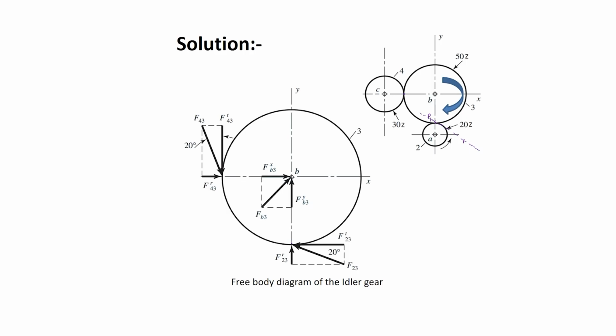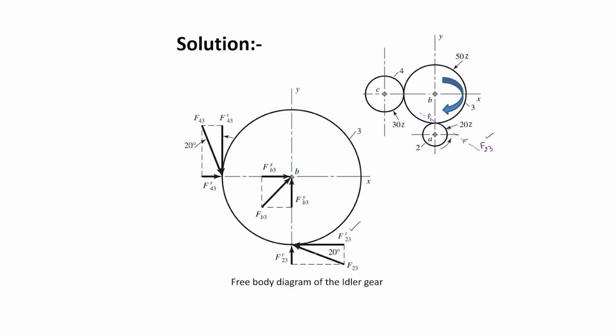Well, this is your F23, the force applied on the third by the second member. Okay, this will be for the case of the idler. So, this is your F23, and the component of this in the tangential direction to the pitch circle will be the tangential force, and that will be the transmitted force.